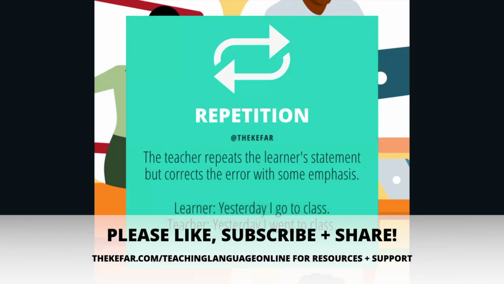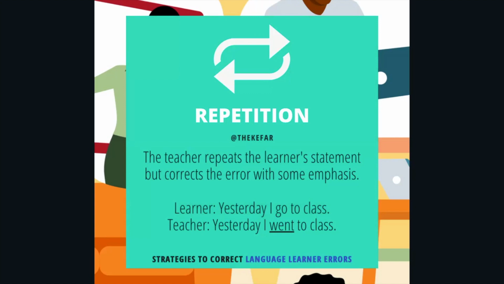Another strategy is repetition. And repetition is similar to recasting, but it's not quite the same thing. So when you recast, you're rephrasing the statement and correcting the error in the process, but you're not really drawing a lot of attention to the error that you corrected. With repetition, you're restating exactly what it is the student said, but you're correcting the error and you are emphasizing that correction.